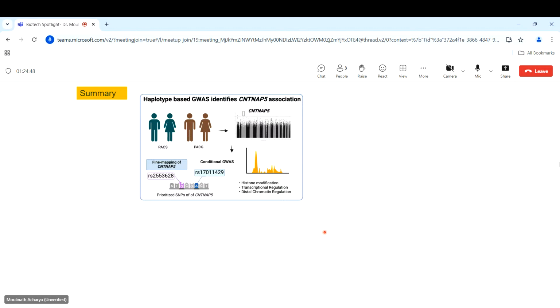In summary, what we have done is a haplotype-based GWAS, which identifies the CNTNAP5 association. We have done a conditional GWAS to prioritize the SNPs, which shows histone modification and transcription regulation and so on.